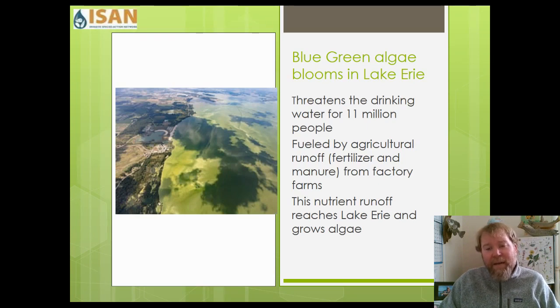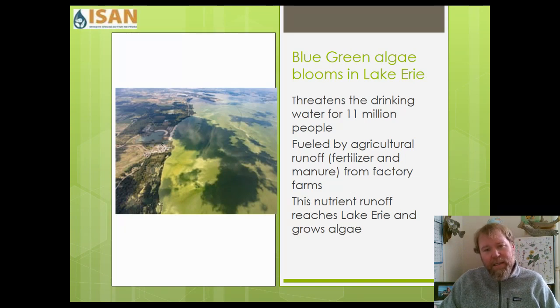And the reason we have this blue-green algae is that it's fueled by and it grows because of agricultural runoff, fertilizers and manures from huge, giant factory farms. What I mean by a factory farm is the type of farm that has thousands of head of cattle, thousands of pigs, thousands of chickens or turkeys.